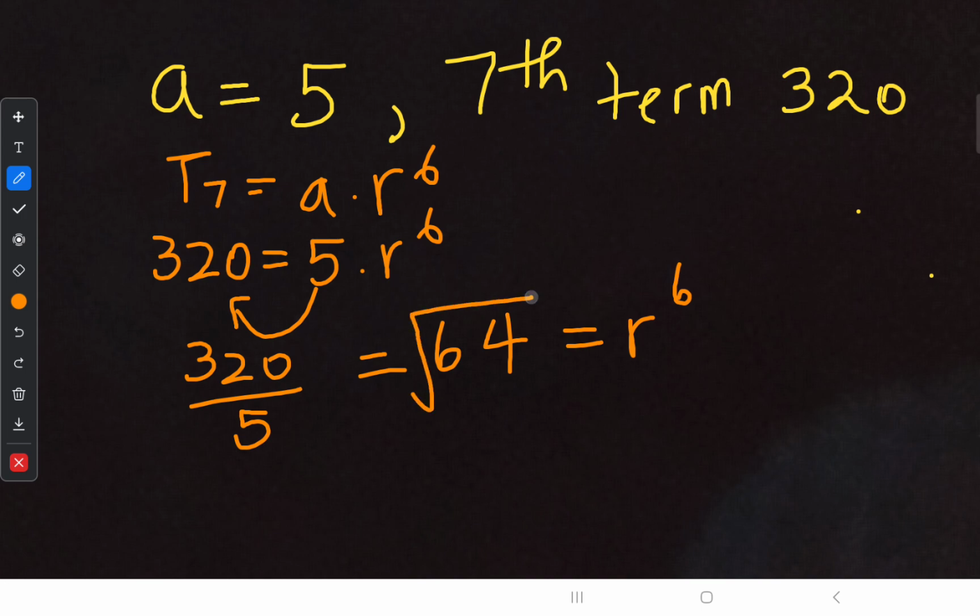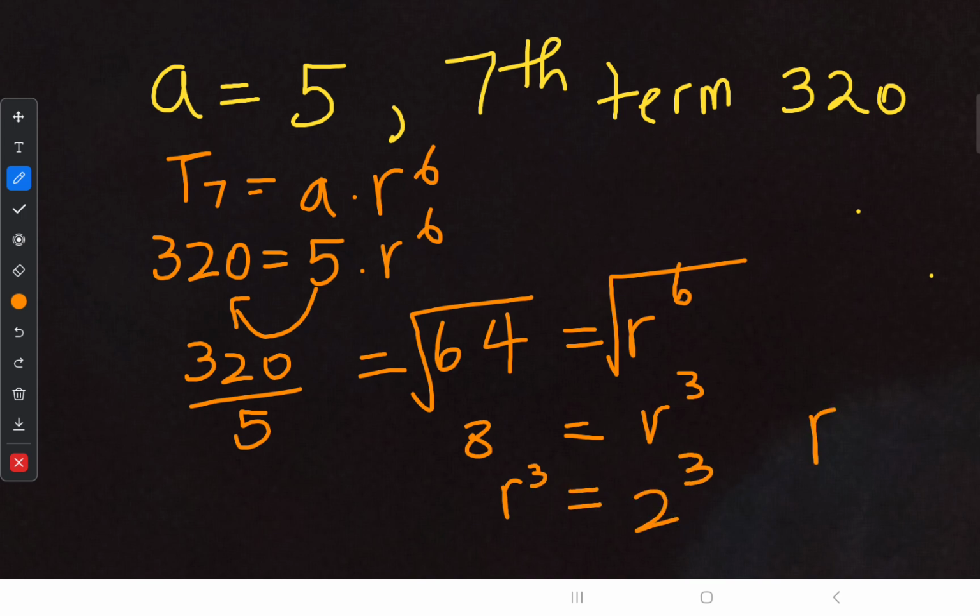When you find the square root, it's 8. Square root of this is r to the power of 3. 8 is 2 to the power of 3. So we can directly write r as 2 here. This is one of the methods.